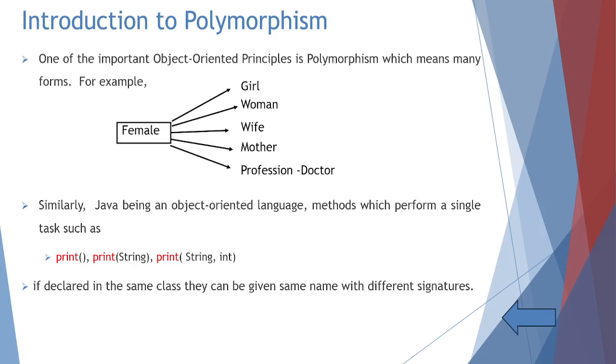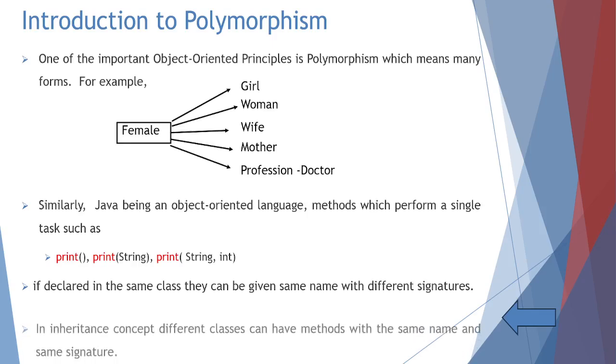Signature means number of parameters, order of parameters, or type of parameters should be different. For example, first print method without any parameters, second one parameter, third one two parameters. So, if declared in the same class, the name of the function is same, then signature must be different.